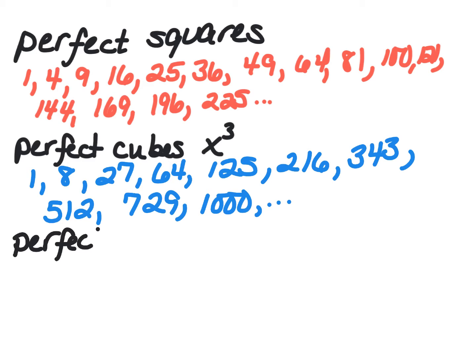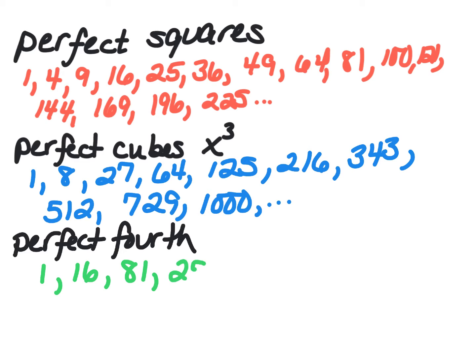We of course have perfect fourth powers. So perfect fourth powers are going to grow even faster. So 1 to the fourth is 1, 2 to the fourth is 16, 3 to the fourth is 81, 4 to the fourth is 256, 5 to the fourth is 625, and when we're going higher than that, if you're dealing with higher numbers, you could just quickly toss in the calculator 6 to the fourth to see what that is, if it's one that you need, okay?